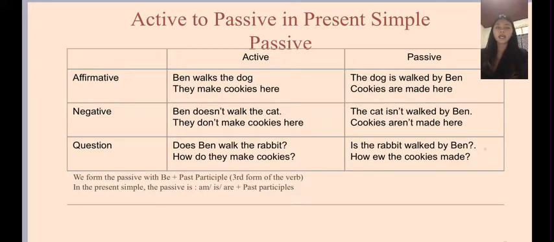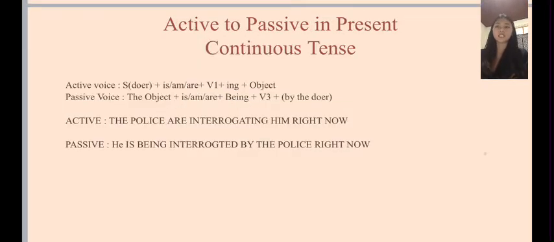Okay. Next, there are active to passive voice in present continuous tense. Active voice, the form is subject plus is, am, or are plus verb 1 plus ing plus object.